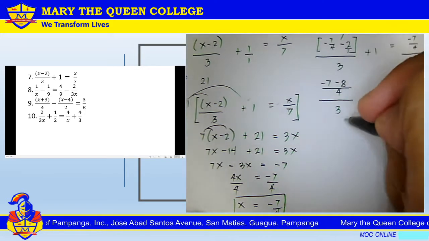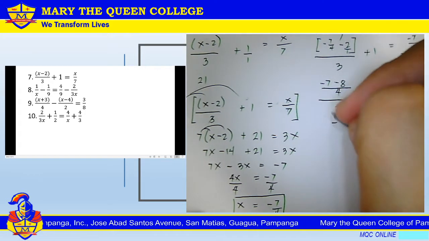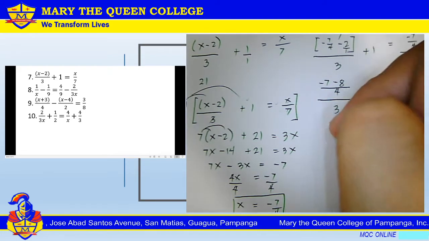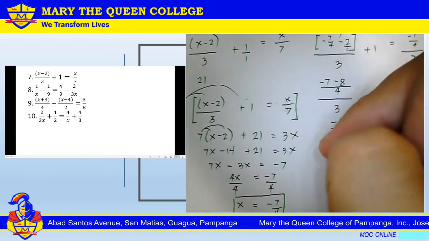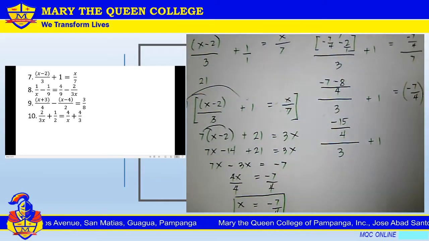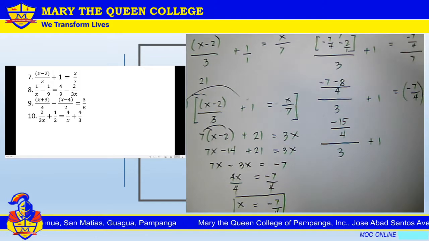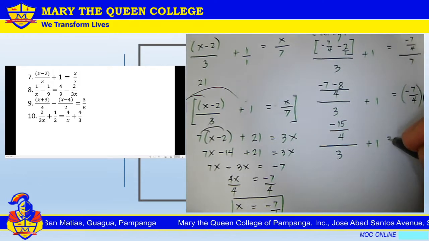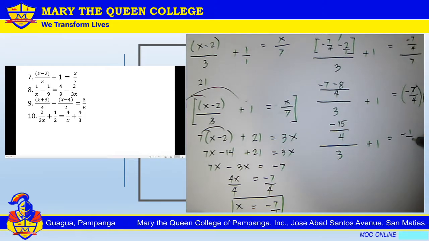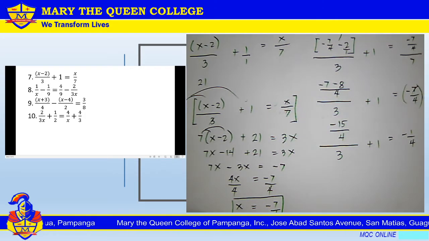Okay. And then this one, proceeding, we have negative 7 plus negative 8. That's negative 15 all over 4 all over 3 plus 1. Okay. Is equal to, cancel this one, multiply. So we have negative 1/4. Okay.